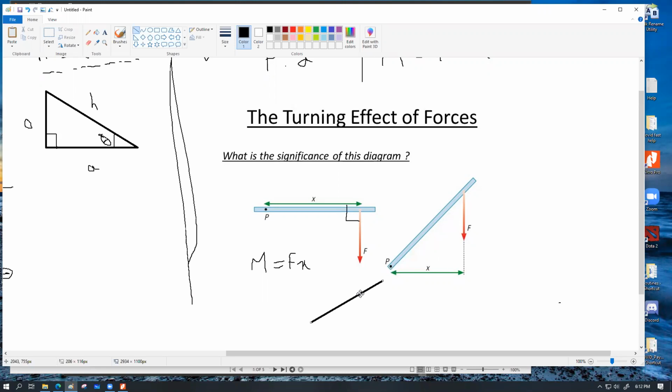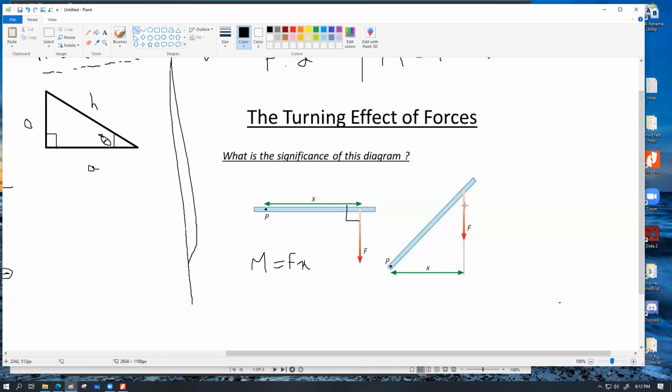So what we can do is extend the line of action of the force in a convenient direction. Convenient in the sense that, to find the perpendicular distance, we could draw this dotted line on any side. We have that privilege. If you wonder in which cases we should draw in the backward direction, I'm going to show you, don't worry.